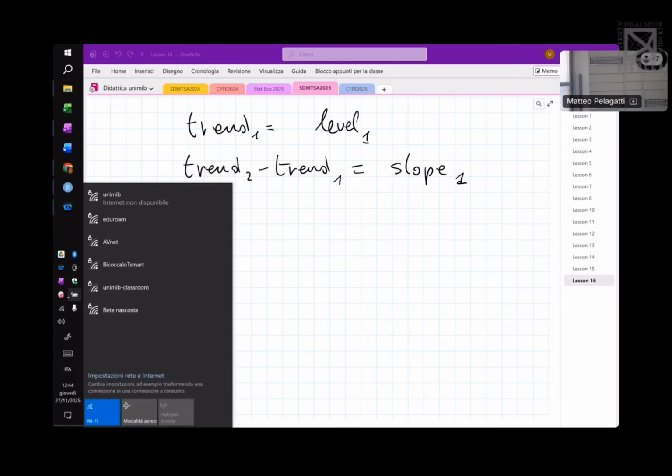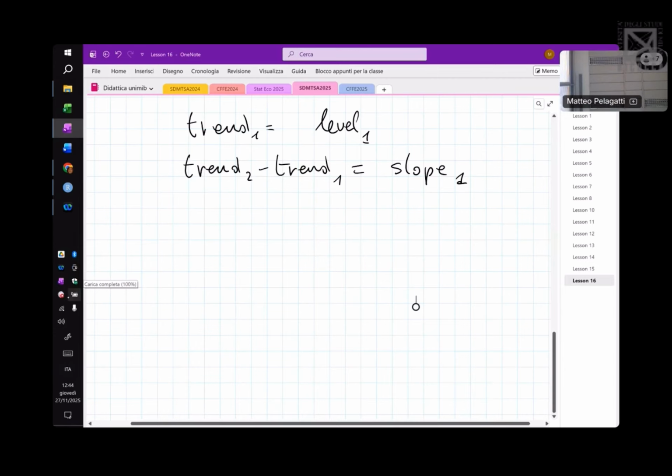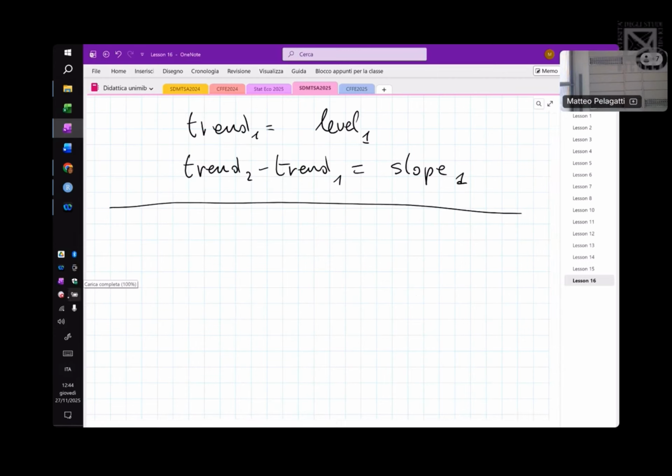Okay, now it's good. So I said splines. Okay, splines we can use in linear regression. You can use in ARIMA. We can use in UCM. And splines are just, as I told you, a simple way to make linear things nonlinear.